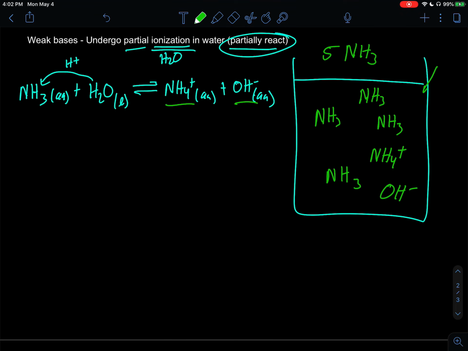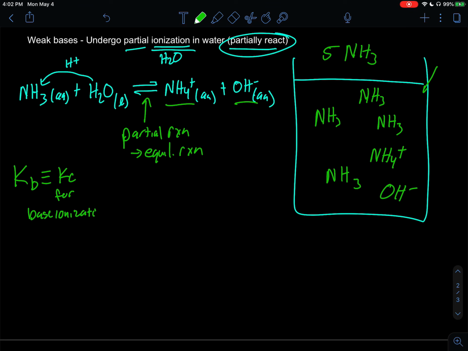So what does this mean for us as we're thinking about our pH and how this relates to our reactions? We have a partial reaction, so we think of an equilibrium reaction. The K value for this is our Kb, which would be the Kc for the base ionization reaction.